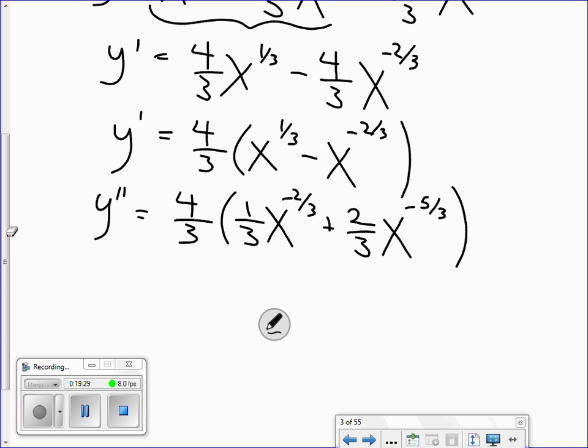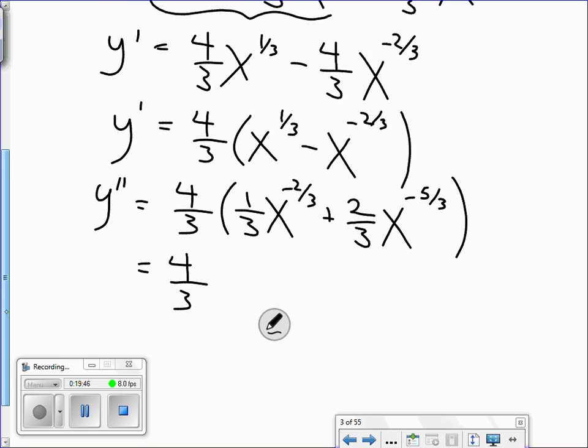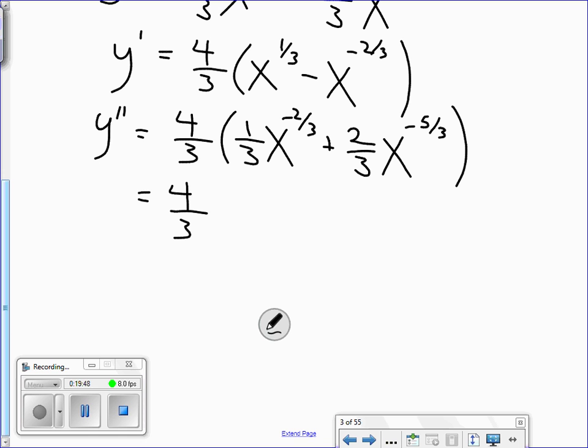Okay. Now, we have to find out where it's 0 and undefined, so we've got to rewrite this. I'm thinking, well, that 4/3 we're just going to leave out because that's not going to affect where it's 0 and undefined. Well, I'm going to leave it there, but I want to rewrite them as fractions because of these negative exponents.